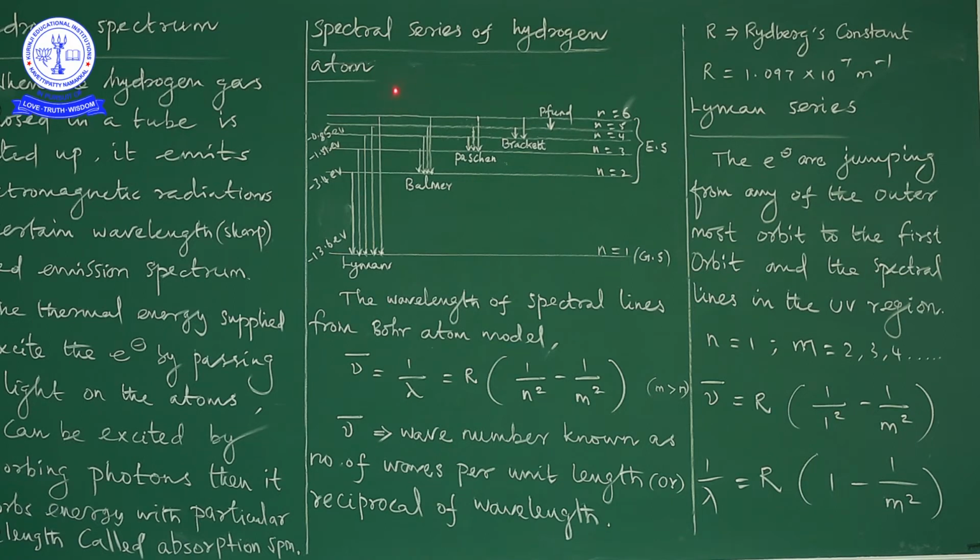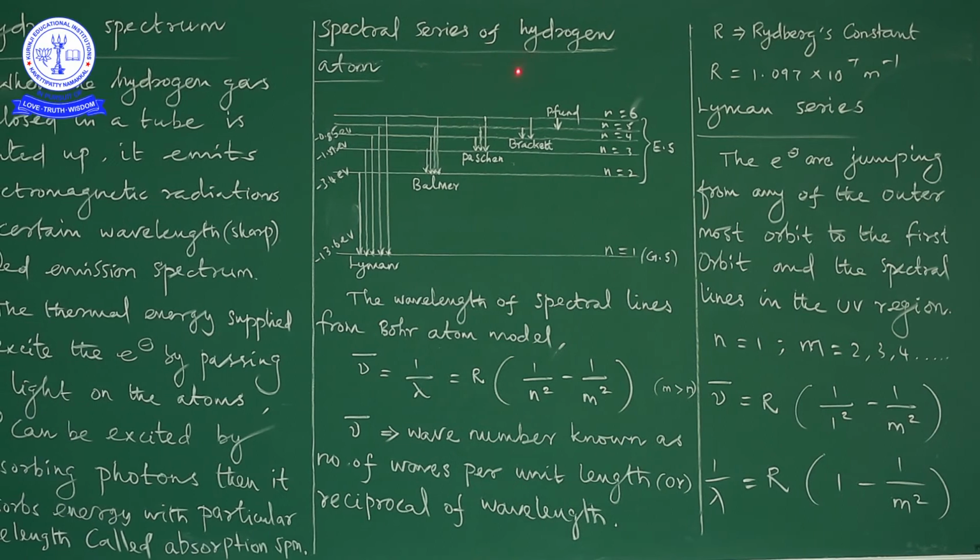Both contain spectral lines. When the electron jumps from a higher energy state to a lower energy state, it emits a spectral line. Spectral lines continuously emitted in this way form the spectral series, which is possible with the hydrogen atom.